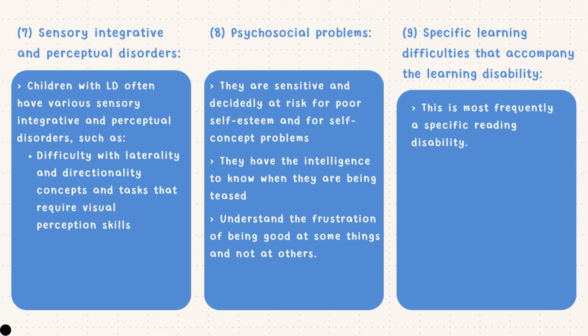They are sensitive and decidedly at risk for poor self-esteem and for self-concept problems. They have the intelligence to know when they are being teased, and understand the frustration of being good at some things and not at others. And lastly, for specific learning difficulties that accompany the learning disability, this is most frequently a specific reading disability.